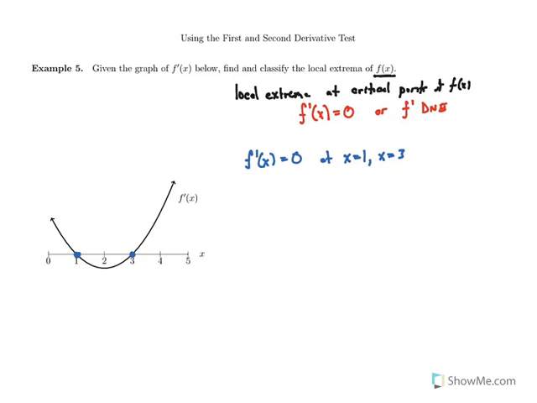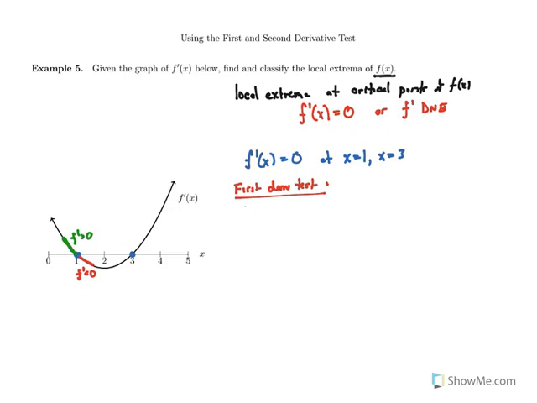The first derivative test says that the derivative is positive before x equals 1 and then negative after, above the x-axis and then below the x-axis.